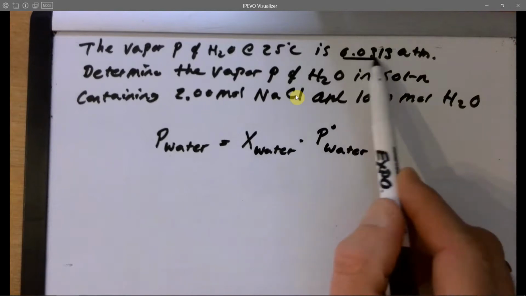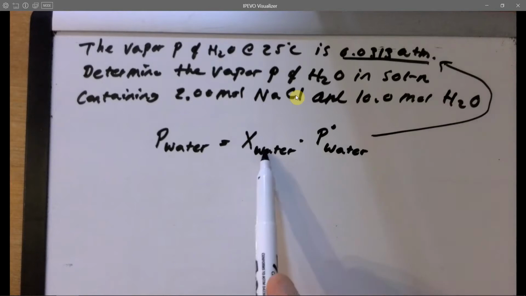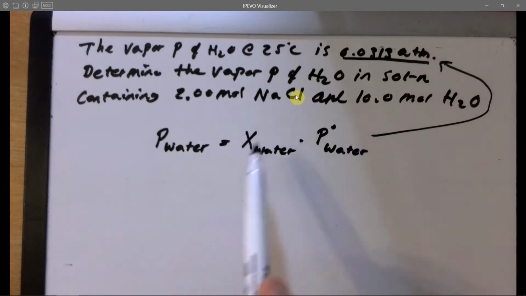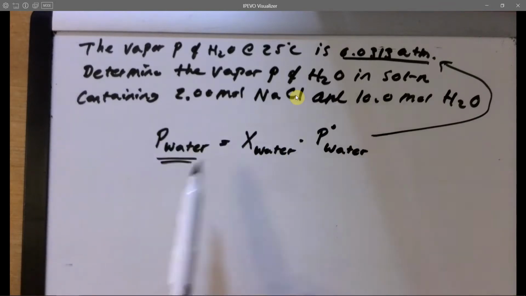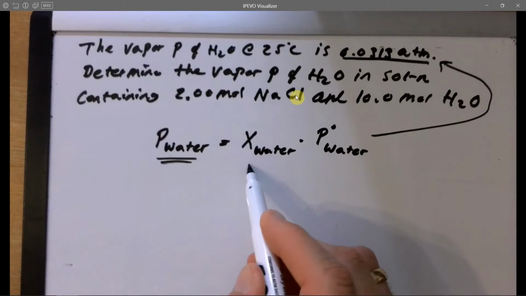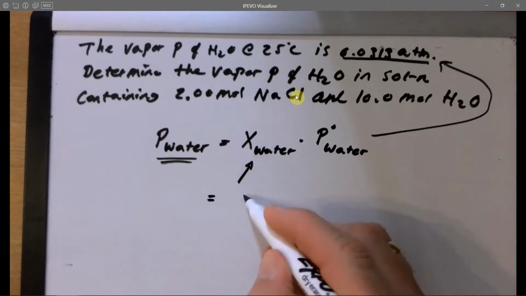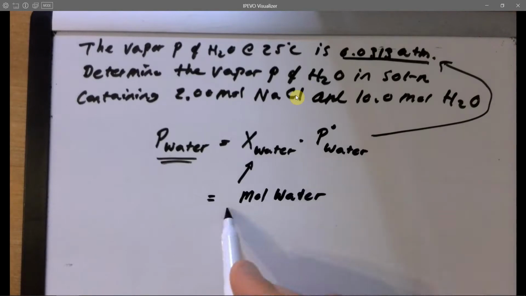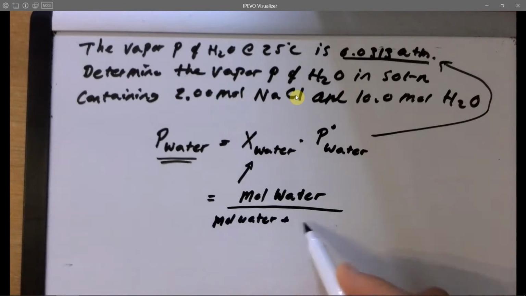The pure vapor pressure is given to you right there. And the mole fraction, you can calculate from these 2 moles, and then you get this. That's what I'm asking for: determine the vapor pressure of water in solution. So how do I do this? Well, X is equal to the mole fraction, which is the moles of water divided by the moles of the whole thing, so moles of water plus the moles of salt.